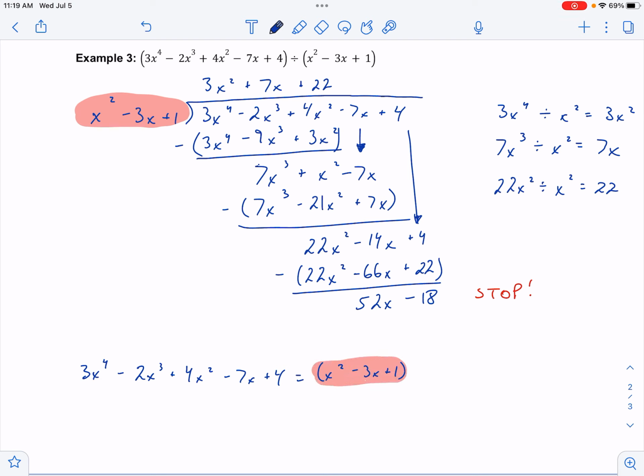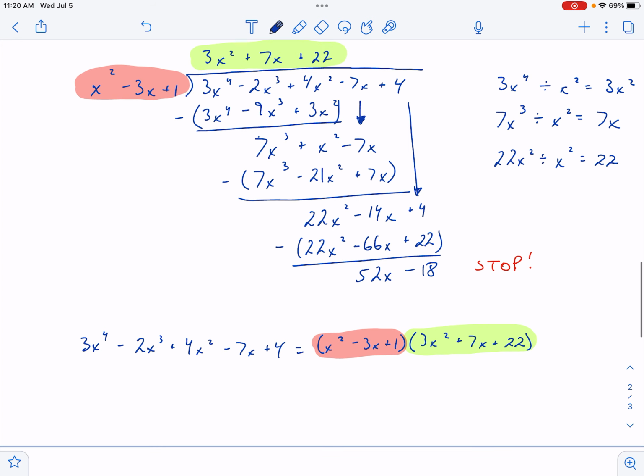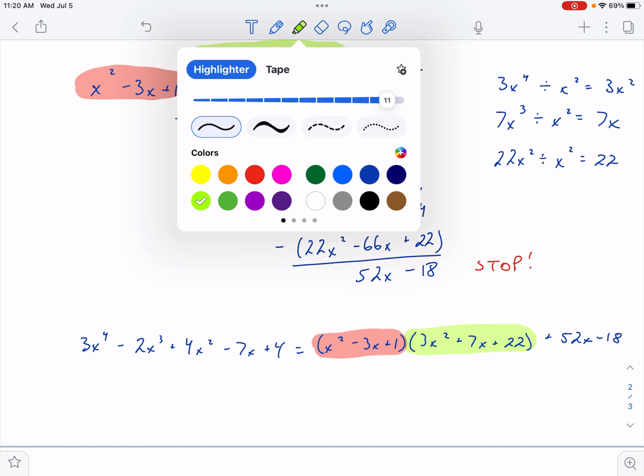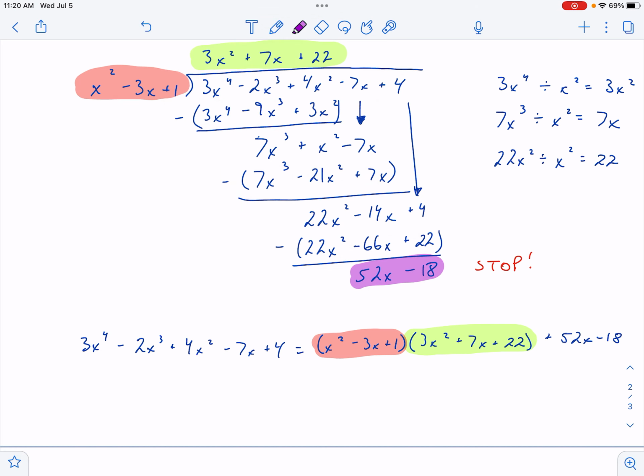Then I write my quotient, 3x squared plus 7x plus 22. Plus my remainder. And that's the end.